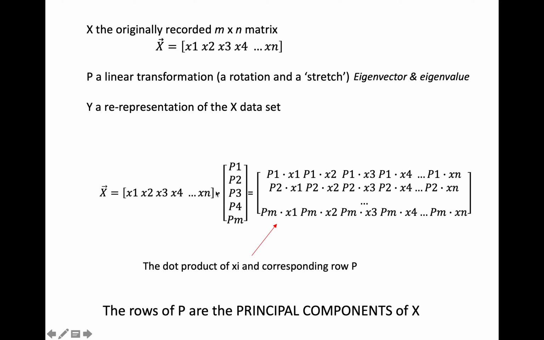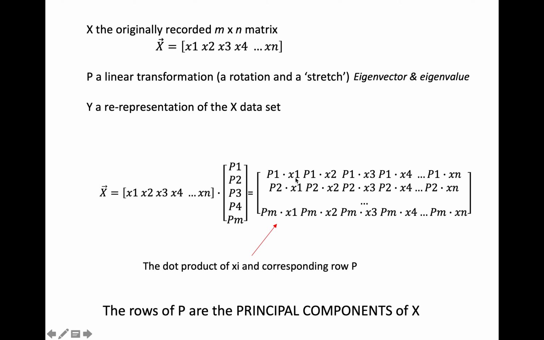So we have the vector X, with x1, x2, x3, x4, xn, so all the dimensions. And I am taking the dot product, I am multiplying it by this new set of instructions. So I have to generate these new principal components of the data. So now I don't just look at x1, I have the dot product of x1 and p1, and x2, p1, and x3, okay?